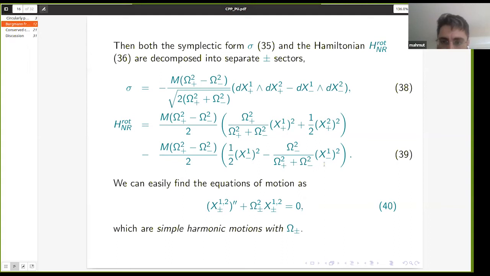So it's completely decoupled. Then if you write down the equations of motion for this symplectic structure in these new coordinates, you end up with simple harmonic motions. Very easy. And we know how to solve simple harmonic motion, right? It is just trigonometric functions, with big omega plus and big omega minus.